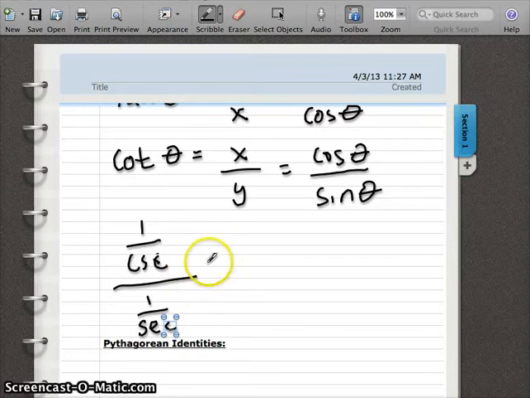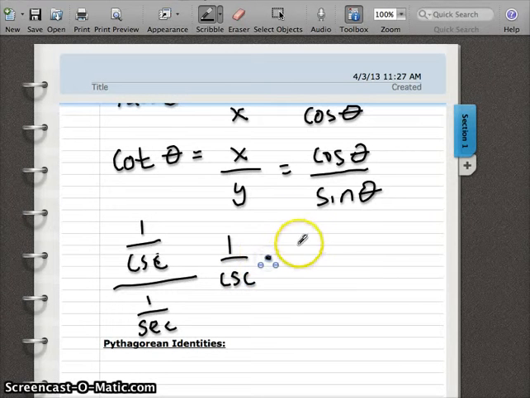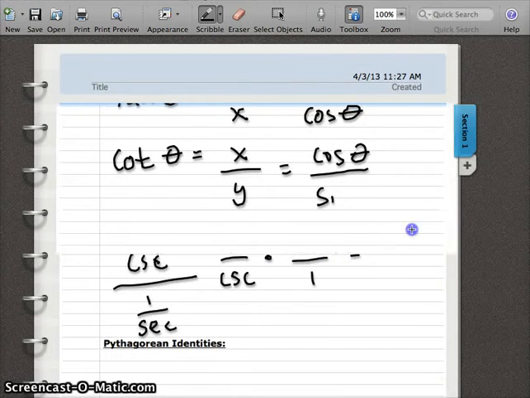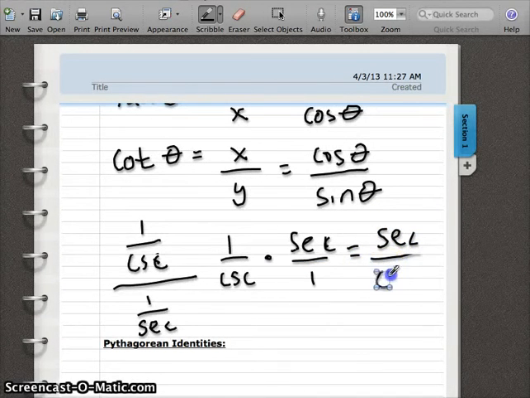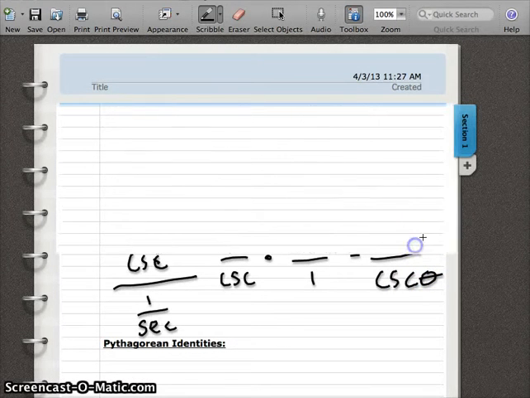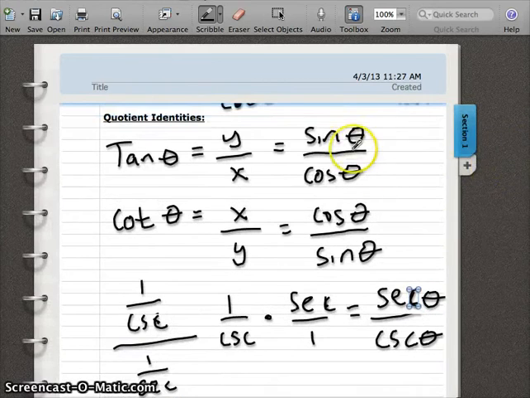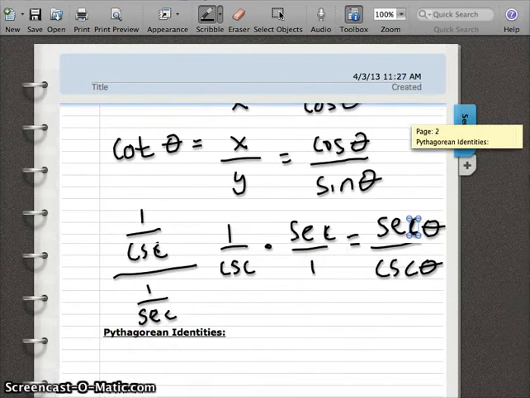And now if I divide my two fractions, flip and multiply, I end up doing this multiplication. And what I end up getting is secant over cosecant of an angle. So tangent could also be written as secant over cosecant. That is not seen as much as sine over cosine, but it is still true.